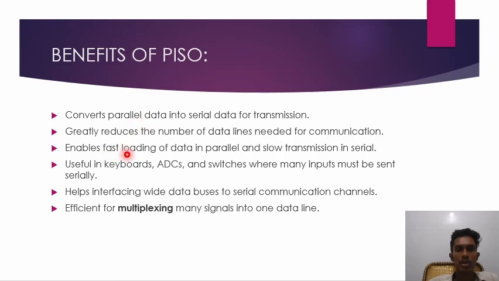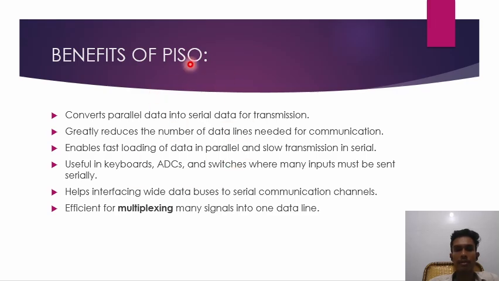It enables fast loading of data in parallel and slow transmission in serial. It is useful in keyboards, which we use for computer operation. It is used with switches for many inputs that must be sent serially, it helps interface wide data buses to a serial communication channel, and it is efficient for multiplexing many signals into one data stream.